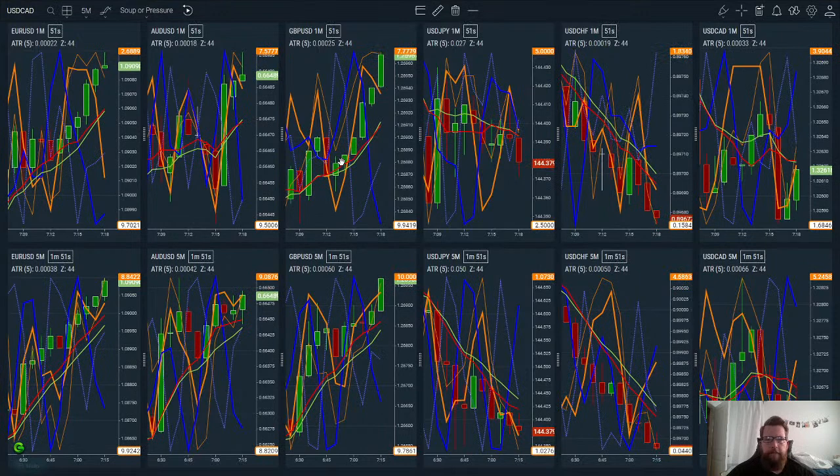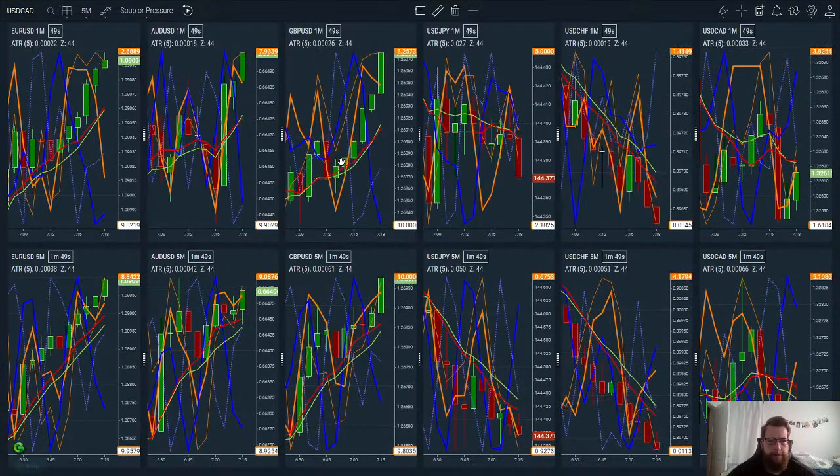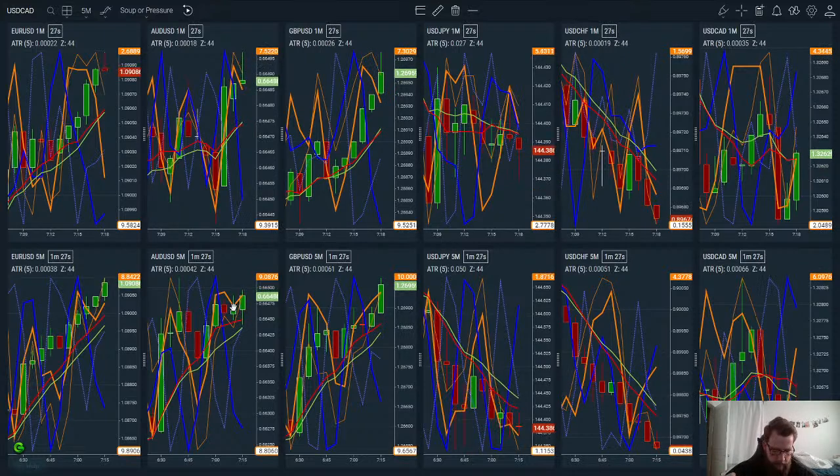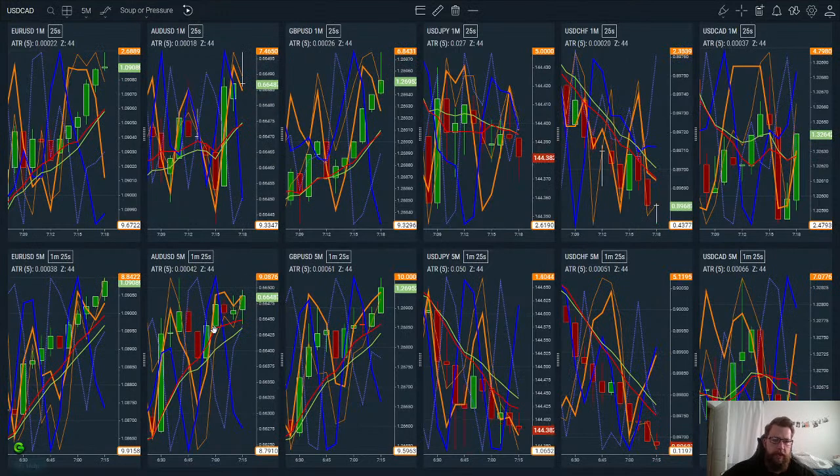Let's see if we can find another setup here. Maybe could look at this. You're looking at these pressures, especially on the longer time frames.